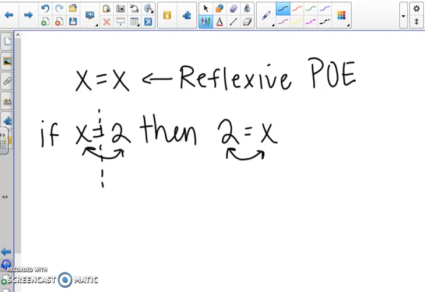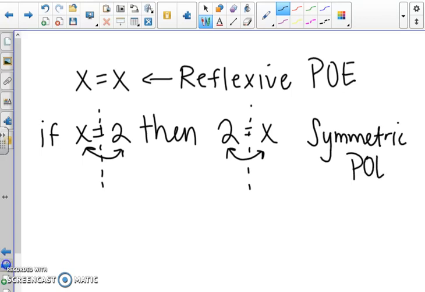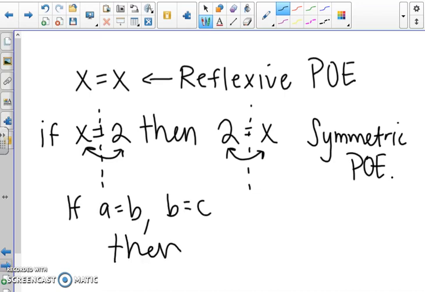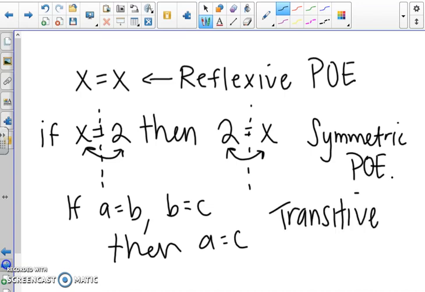It's kind of like it has a line of symmetry, and it's switching around that line, so that's the symmetric property of equality. And then, very last one, if A is equal to B, B is equal to C, then A is equal to C. Transitive property of equality.